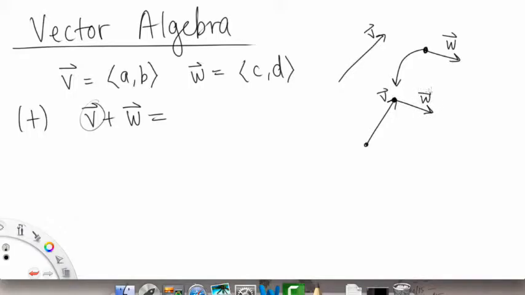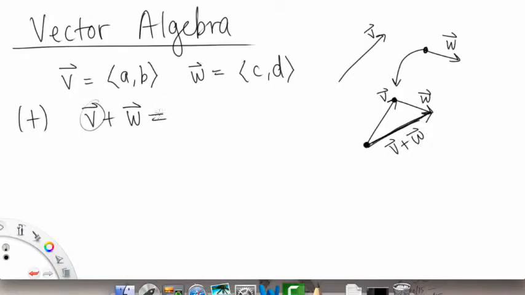So here's W, right? And our resultant vector is formed by where we started in the very beginning, the base of V, up to the very ending, where the head of W is. So this new vector that I just drew here is called V plus W. Okay, so that's actually a new vector.